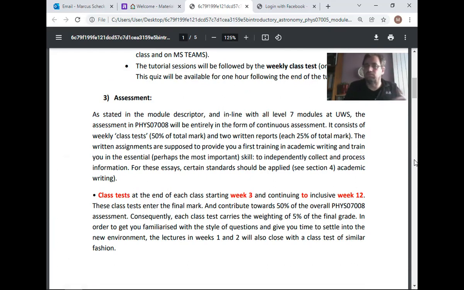Or best, you try to score as high as possible, then your average grade points are best. And this module, I think, is relatively nice. So the class tests count 50%, the other 50% by these 2 essays. 50% divided by 2 means 25% per essay.